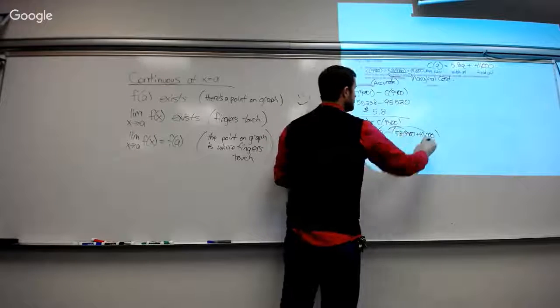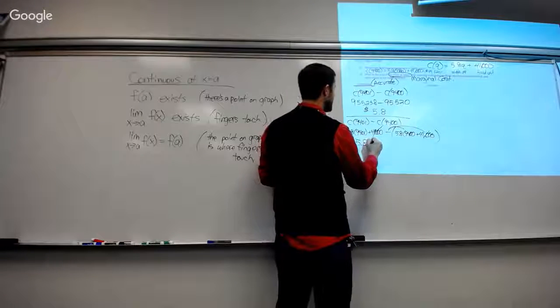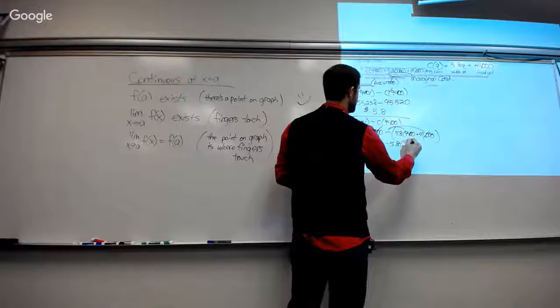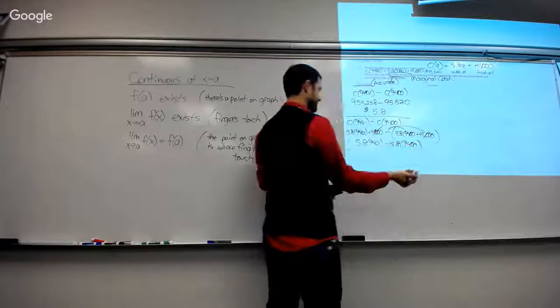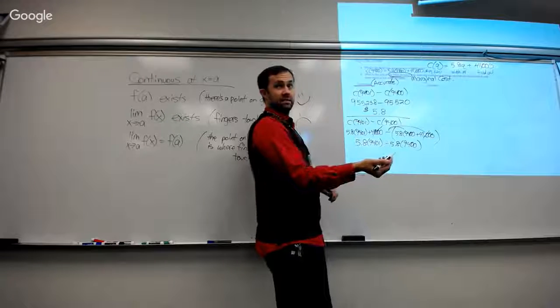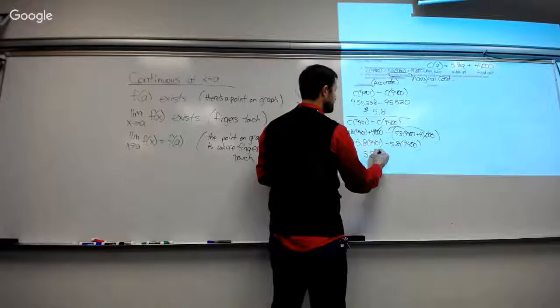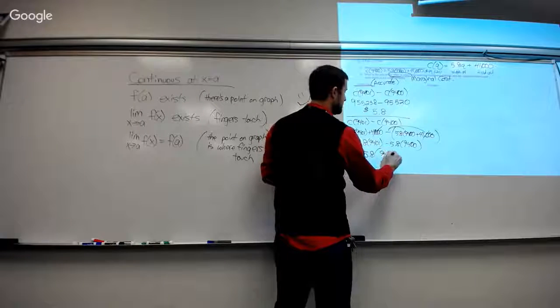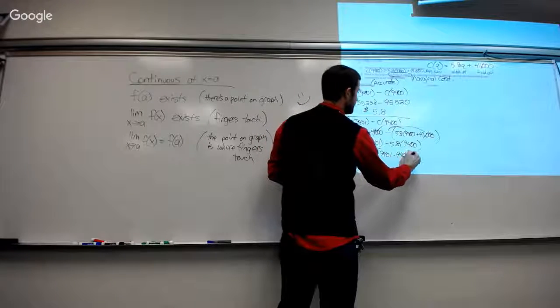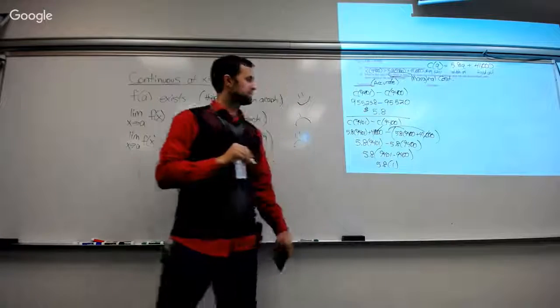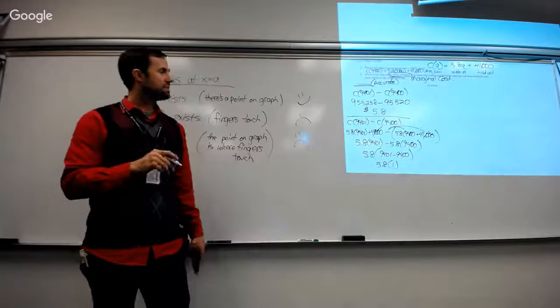So now I have 5.8 times 9401 minus 5.8 times 9400. And what can you do? They're both being multiplied by a 5.8, so you can factor that out, and you get 9401 minus 9400. And that's how you get 5.8 times 1, which is the 5.8. So that's why that works out.